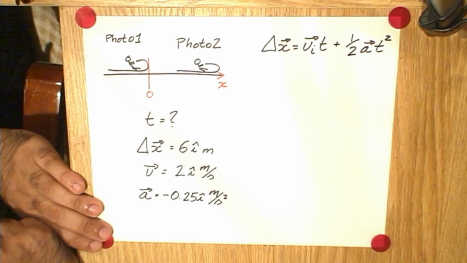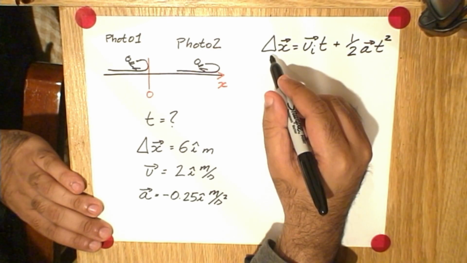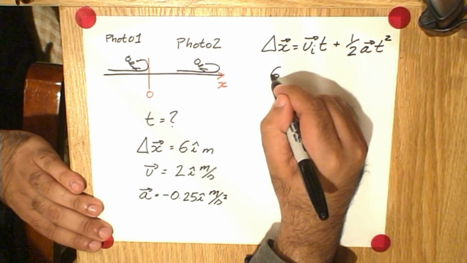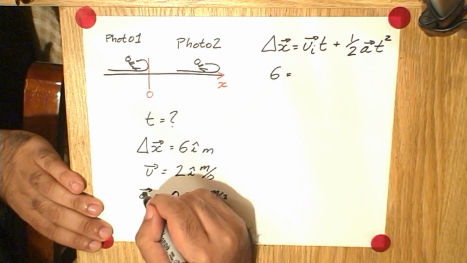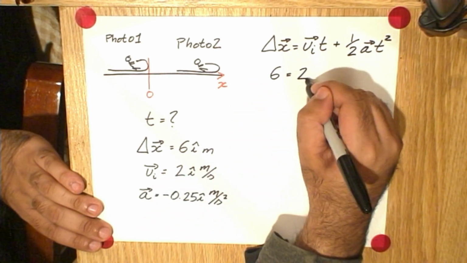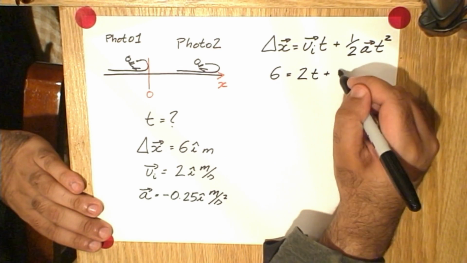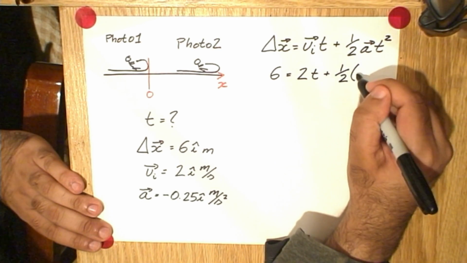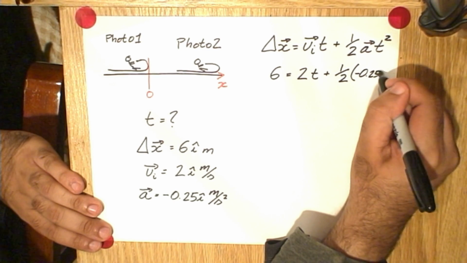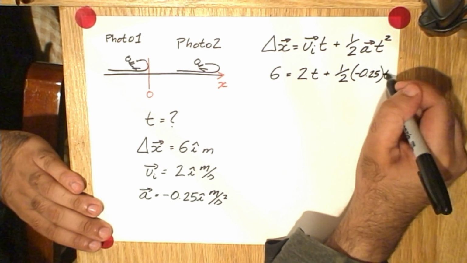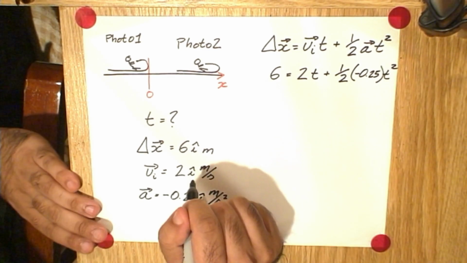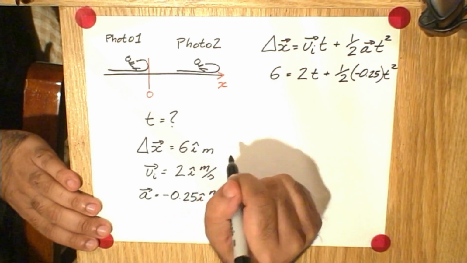So let's plug in what we know. The displacement is 6 meters. The initial velocity is 2, time is unknown, plus 1/2 times an acceleration of negative 0.25 meters per second squared times t squared. Let us simplify this somewhat.